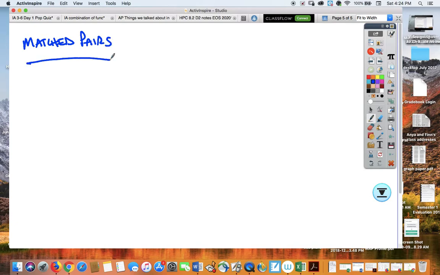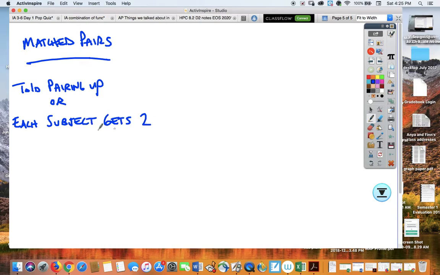So with matched pairs, you will either be told that things are being paired up, or you will have some sort of sense that each subject is receiving two treatments. And those two treatments should be decided at random. The order should be decided at random.